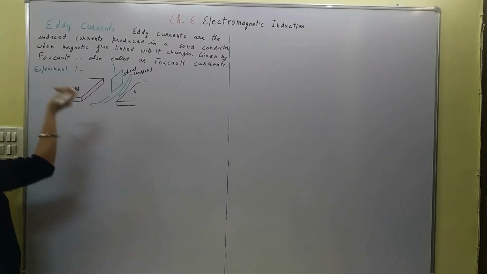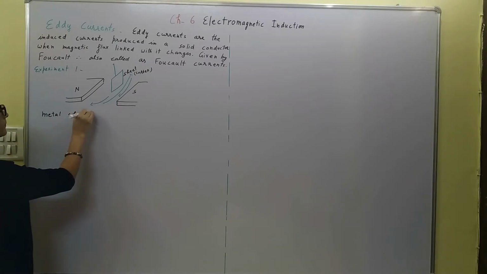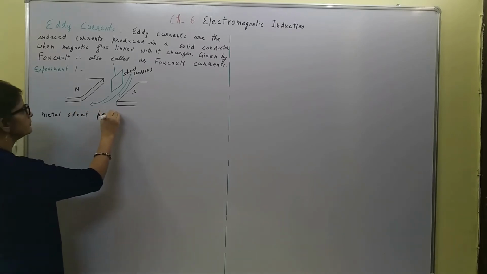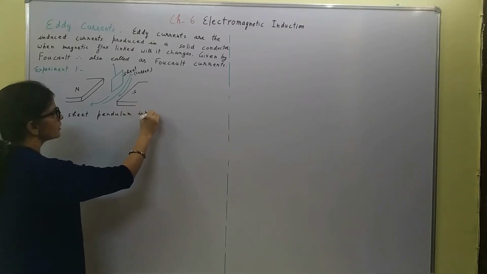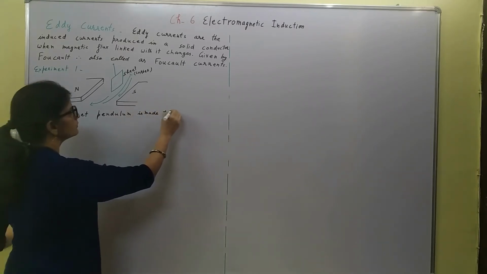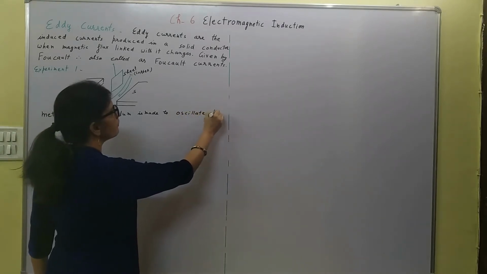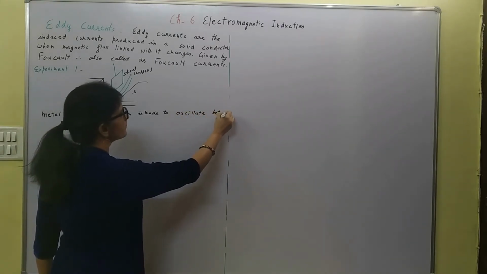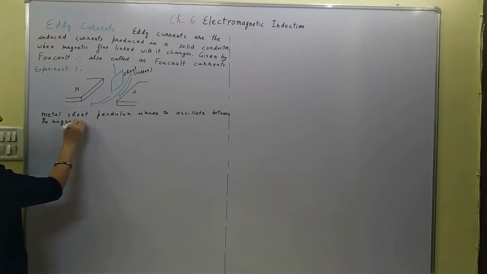So I can just mention here in short that a metal sheet pendulum is made to oscillate between the magnets, right?